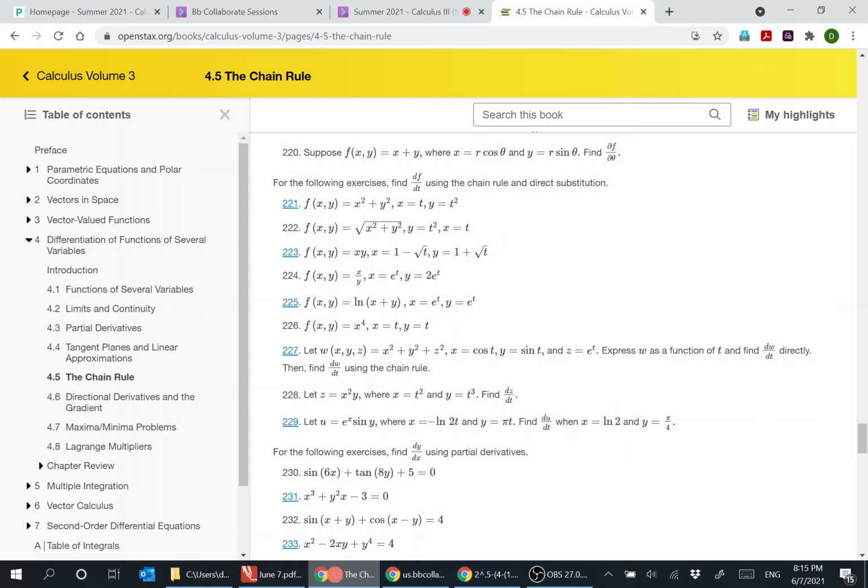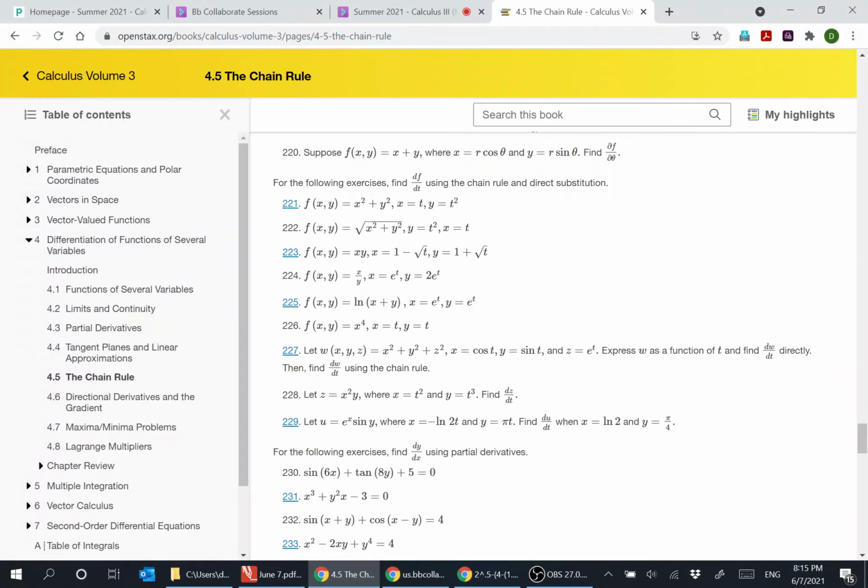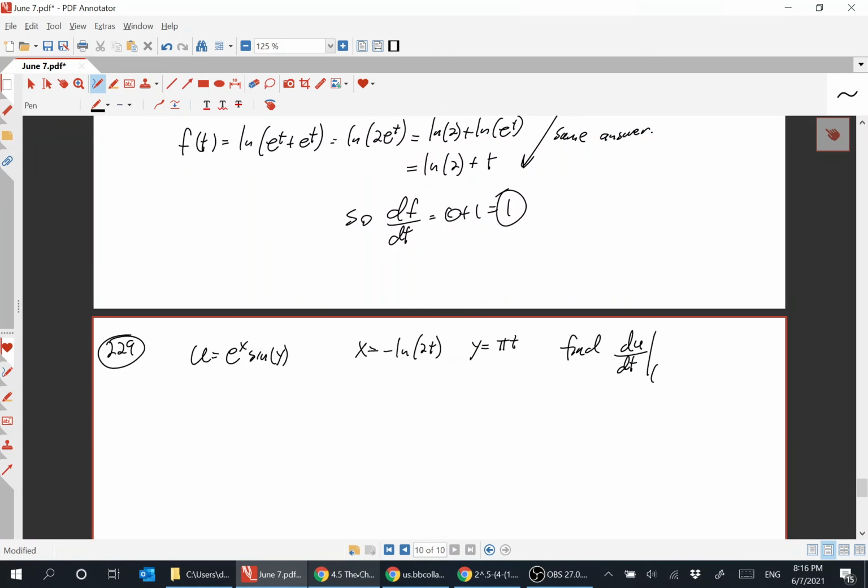Find du dt. So find du dt at x, y equal to natural log of 2 and pi over 4.